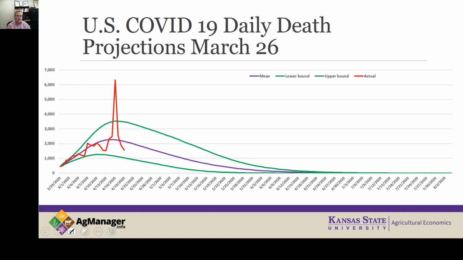One of the things we'll display and talk about a little is what's going on with the U.S. This is one of the things that makes forecasting very difficult: some of the states revised the way they were collecting data, and that data ended up lumped all on one day.